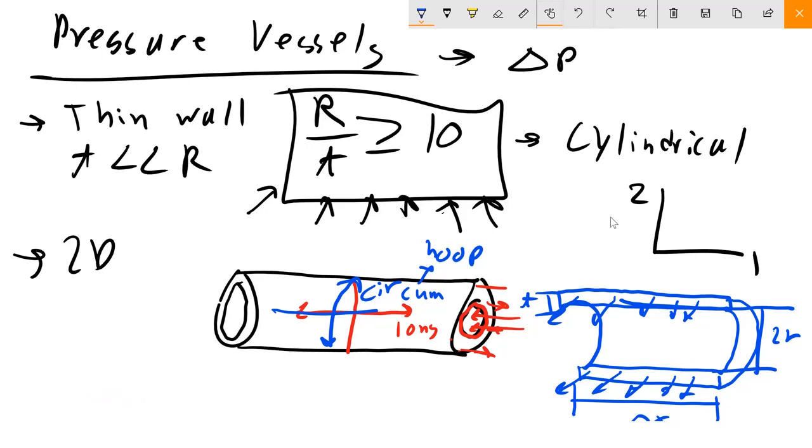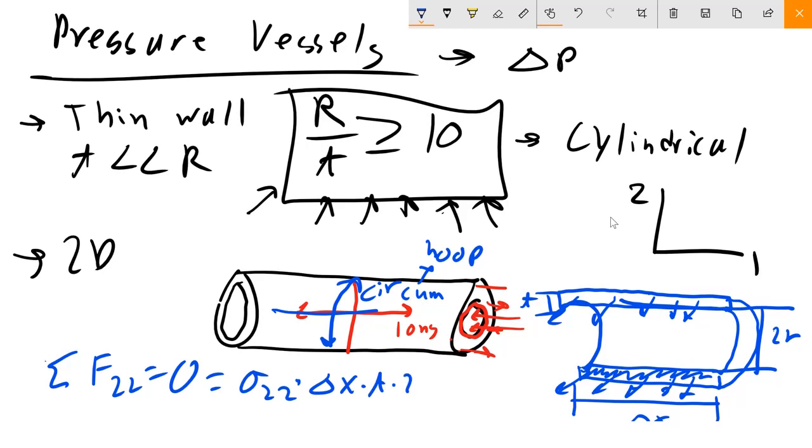We want to make sure that the sum of the forces in the 2 direction is equal to 0. So that is equal to sigma 2 times the area this is acting on. It's this rectangular region, so it's delta X times thickness T, but there are two of these, so it's multiplied by delta X times T times 2.